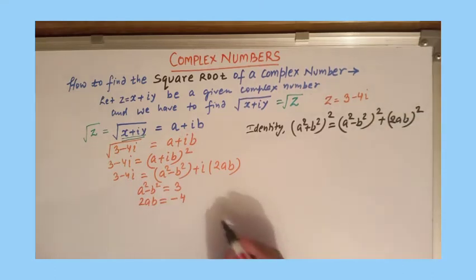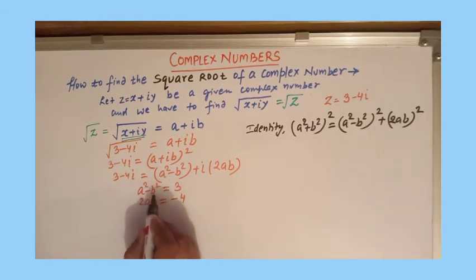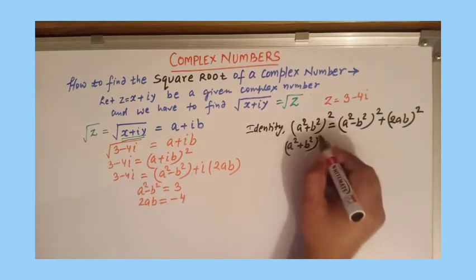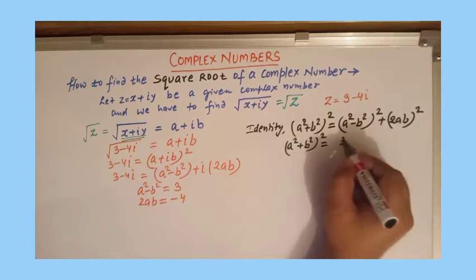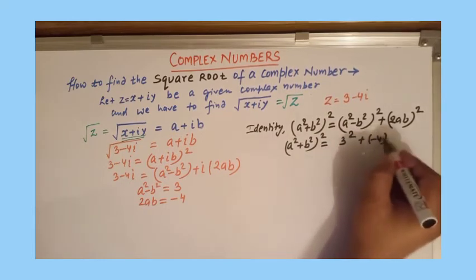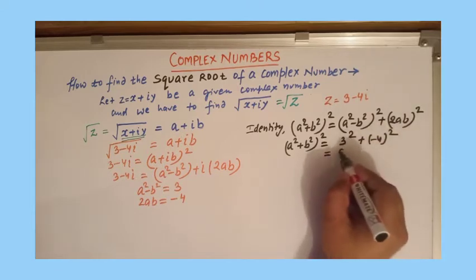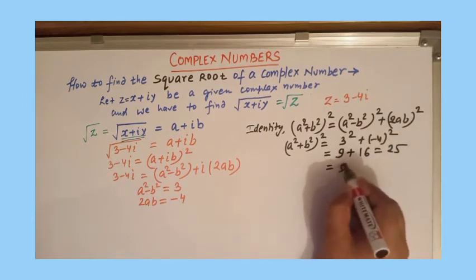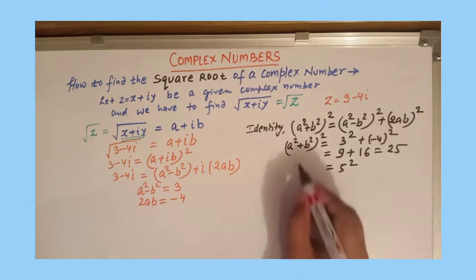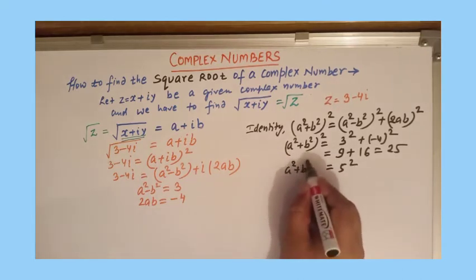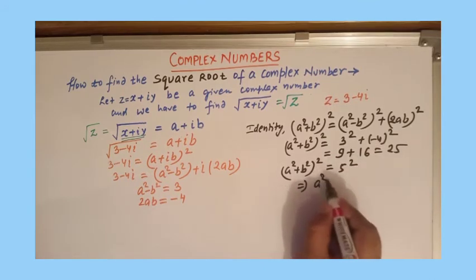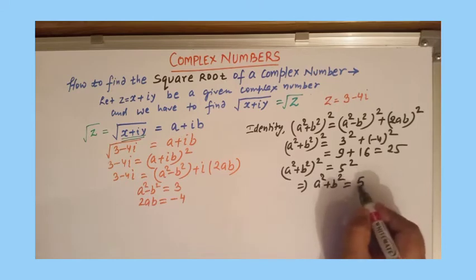Now substituting the values of a square minus b square as 3 and 2ab as minus 4, we have (a square plus b square) square is equal to 3 square plus minus 4 square, which is equal to 9 plus 16, that is equal to 25, and this can be written as 5 square. So (a square plus b square) square is equal to 5 square, this implies that a square plus b square is equal to 5.